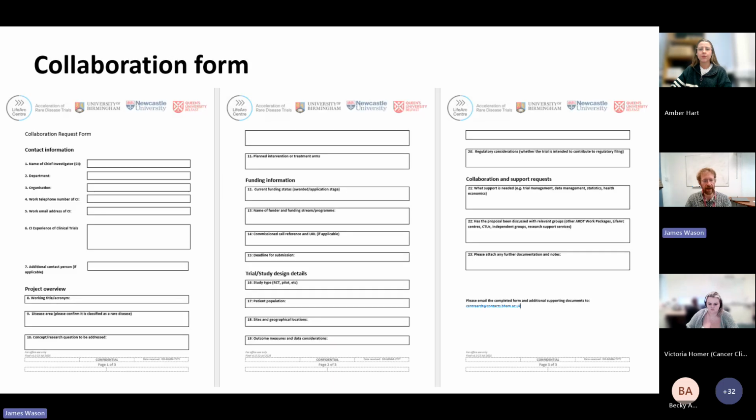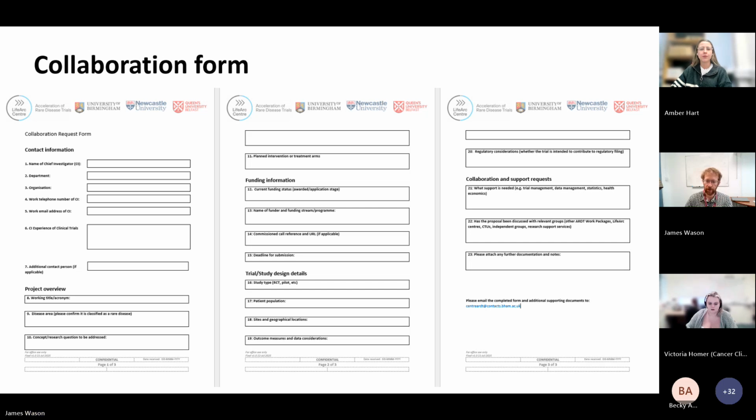We have developed a collaboration form that's available on our website, which is on the next slide. It asks for a relatively low amount of information; it's not a huge burden to fill in, I hope. We try to keep it low burden where possible, but it covers everything that we need to know to consider whether we're going to adopt it or not.